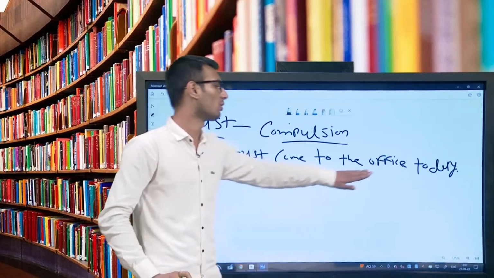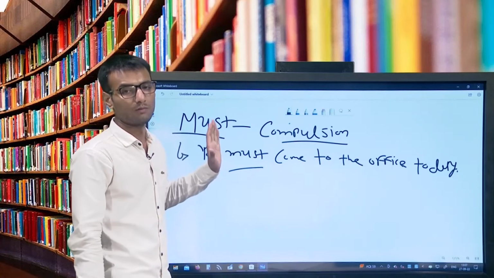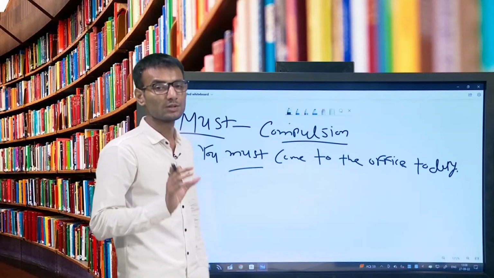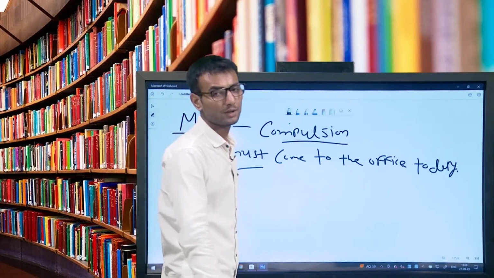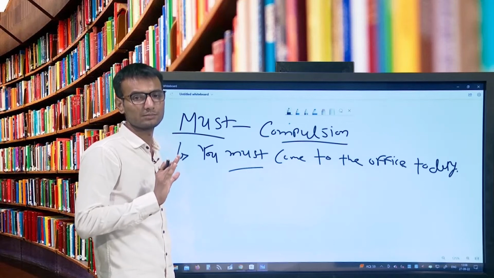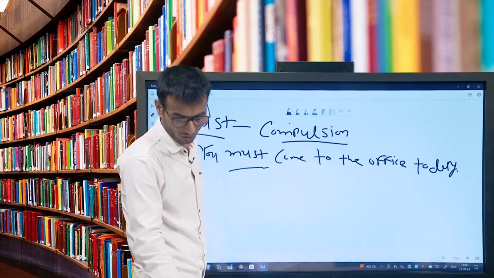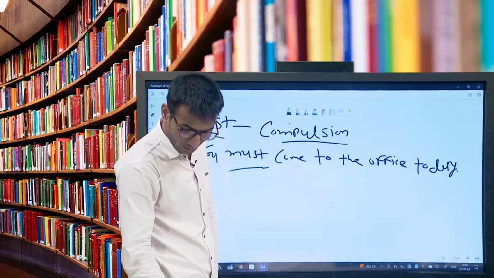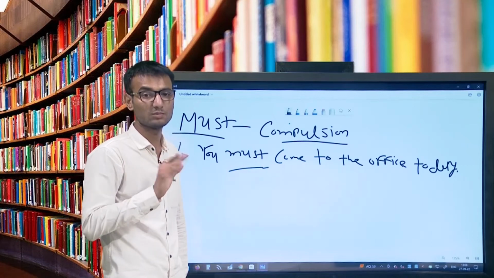You must come to the office today. આજે તમારે ઓફિસમાં આવવું જ પડશે. So it shows must. Must means જ્યારે આપણે કોઈને ફરજ પાડવી હોય, મીન્સ કોઈને ફરજિયાતપણે કહેવું કે આ કરવું જ પડશે, that is called compulsion, means must. So he must have gone home, means એ ઘરે જવો જોઈએ. He must have gone home.